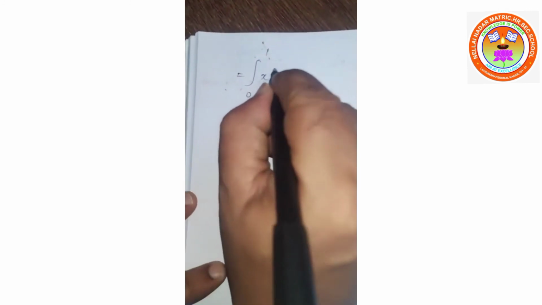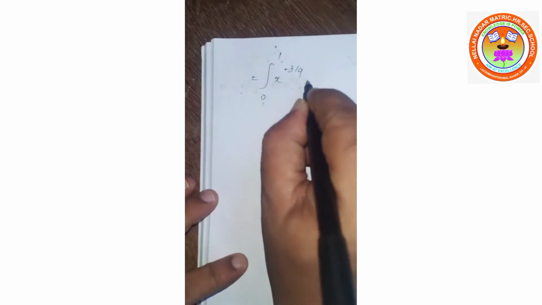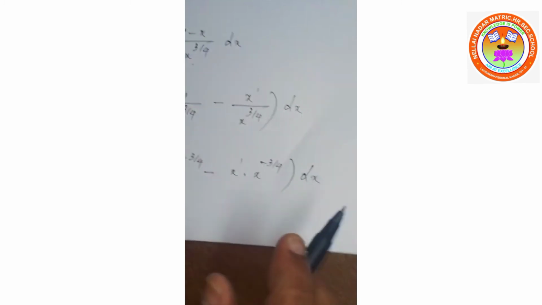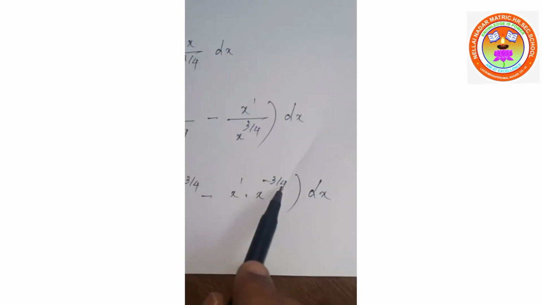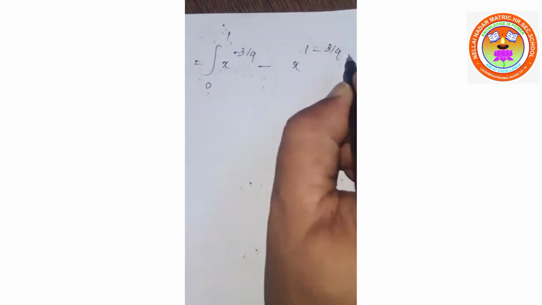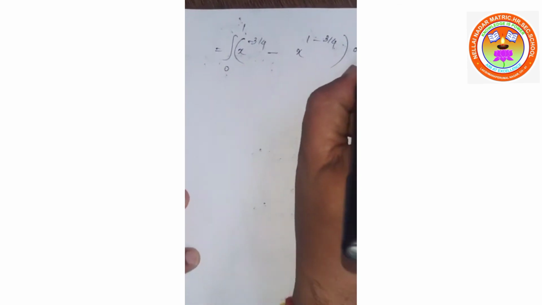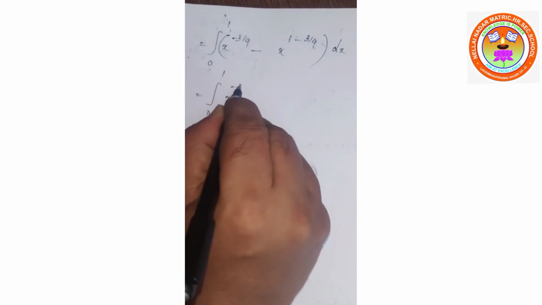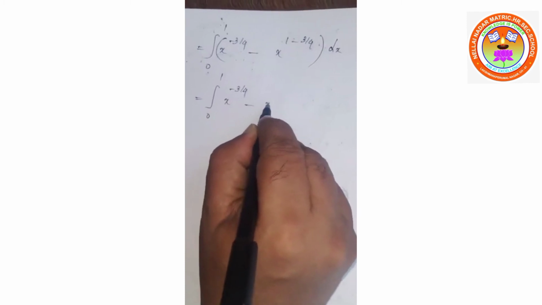That is equal to integral 0 to 1 x power minus 3 by 4 minus, here x, there also x. In multiplication you can add the powers. Powers, here 1, here minus 3 by 4. So how will you write? x power 1 minus 3 by 4 into dx equals integral 0 to 1 x power minus 3 by 4 minus x.